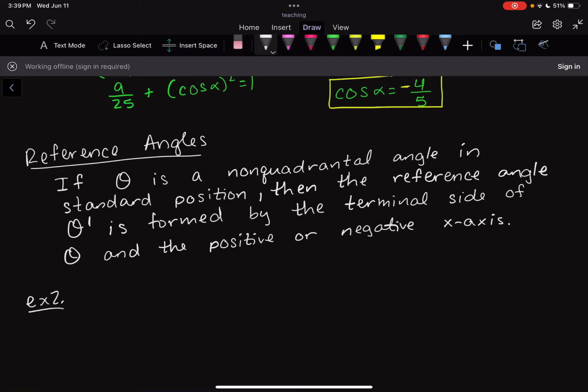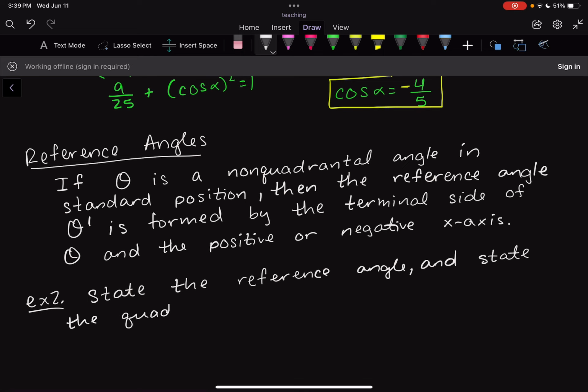So for example, this would be example 2. We're going to state the reference angle and state the quadrant the original angle is in.